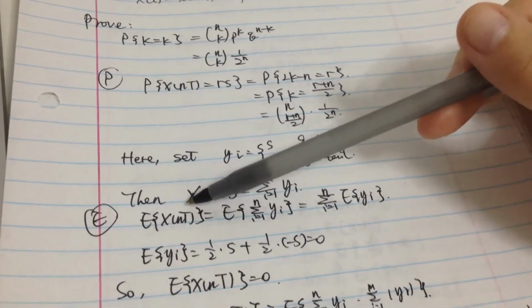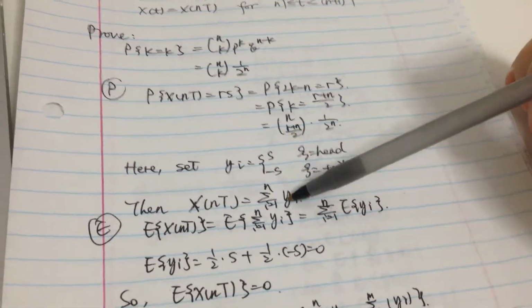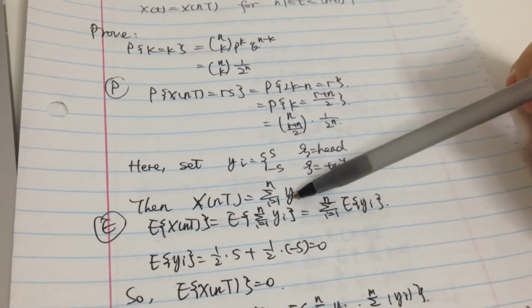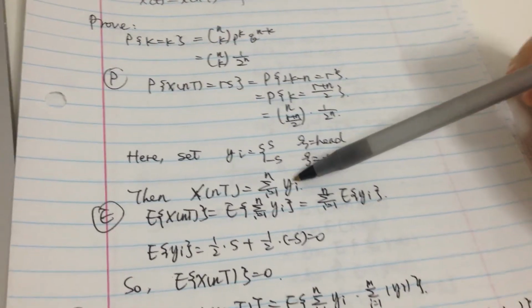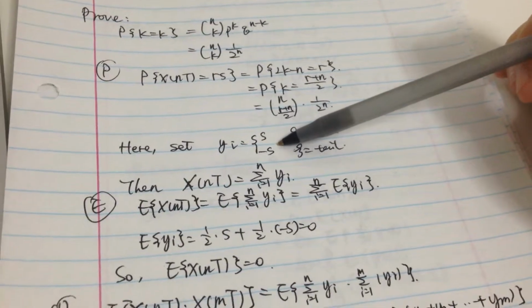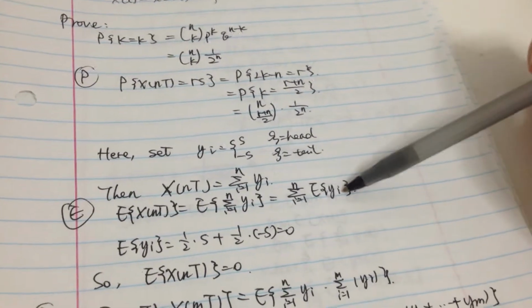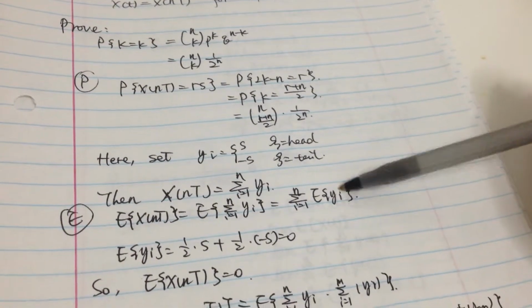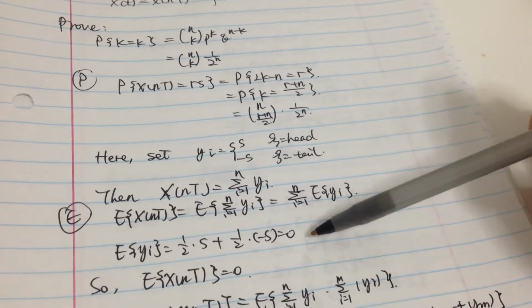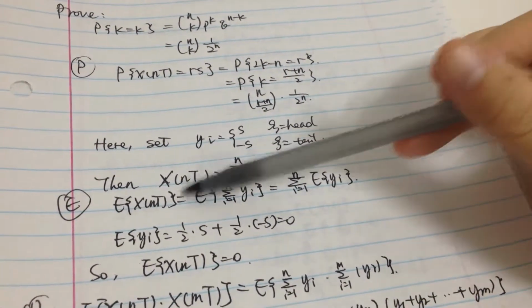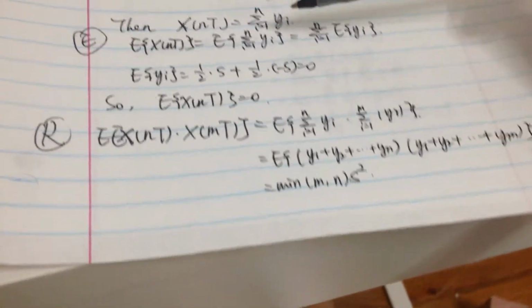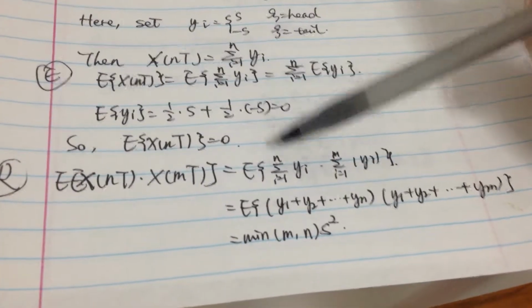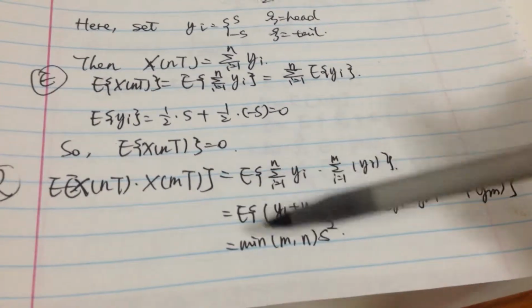Here we could rewrite the x and t into the sum of yi, and here is the definition of yi. If we write it this way, obviously the expectation of yi equals 0, so the expectation of x and t is 0. And the autocorrelation here could be written into this way.